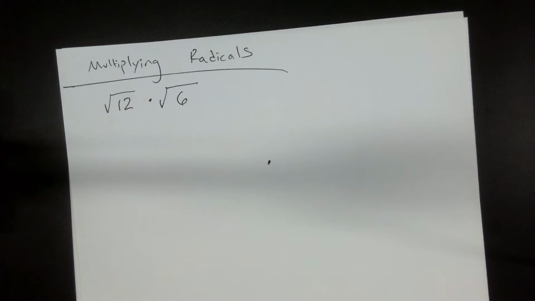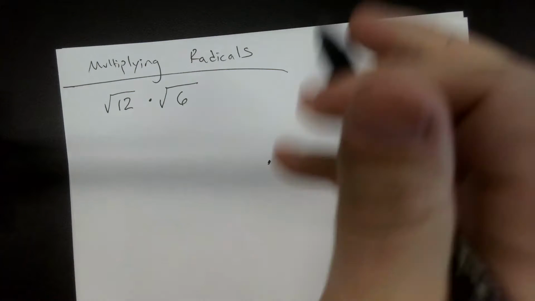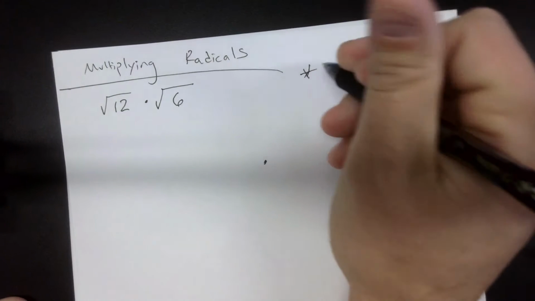Okay, square root of 12 times the square root of 6. Alright, rule number 1, if you're ever multiplying radicals, I want you guys to put it off to the side somewhere.